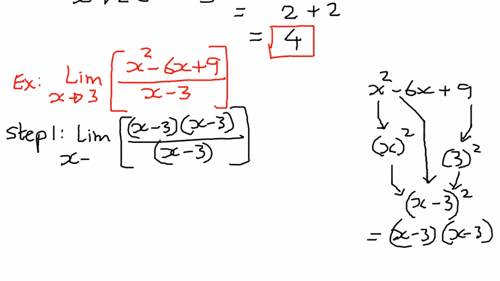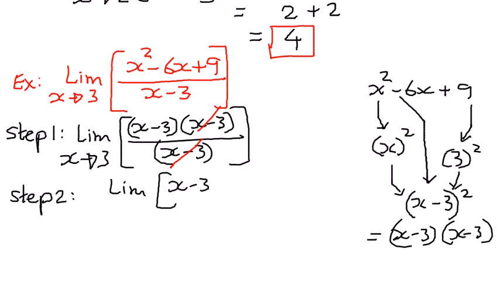as x approaches 3. Now, as we can see, in the numerator and in the denominator we have common terms. x minus 3 and x minus 3 are common, so we strike out one of them, and therefore this simplifies. We'll write the second step as the limit of the expression x minus 3 as x approaches 3.